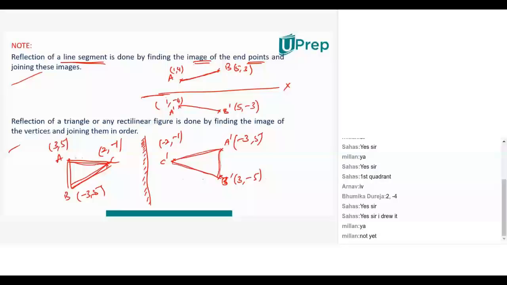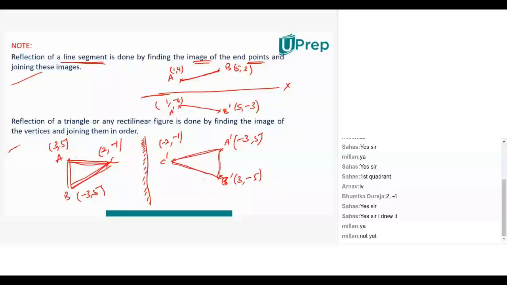Good. Leafia completed. Idea is clear now, right?